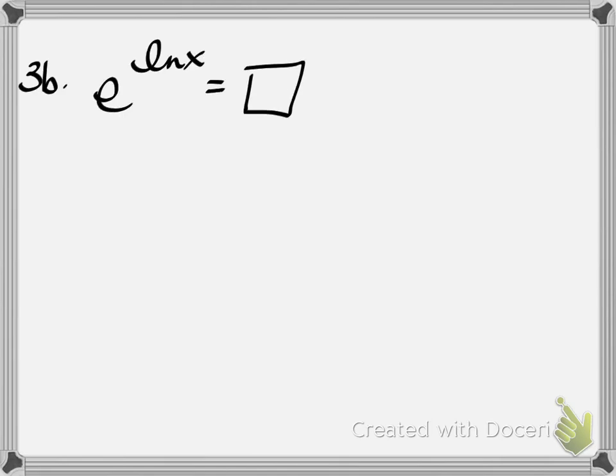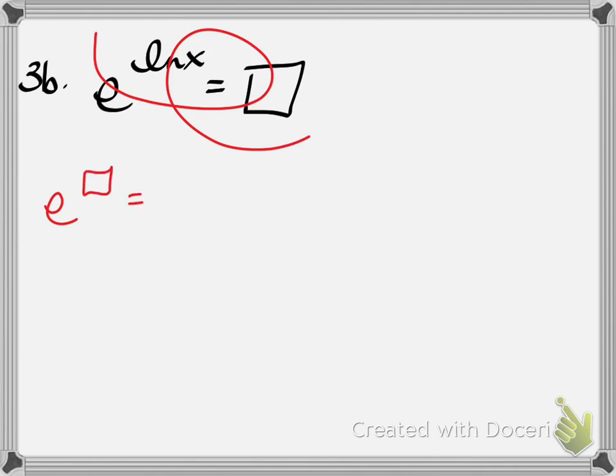And so 3 had a cousin, 3b, and it was e to the ln of x is equal to what? We can do the swoop. e to the what? Oh, wait a minute. Did I write that right? Yep. Oh, wow, I just about got myself in trouble.